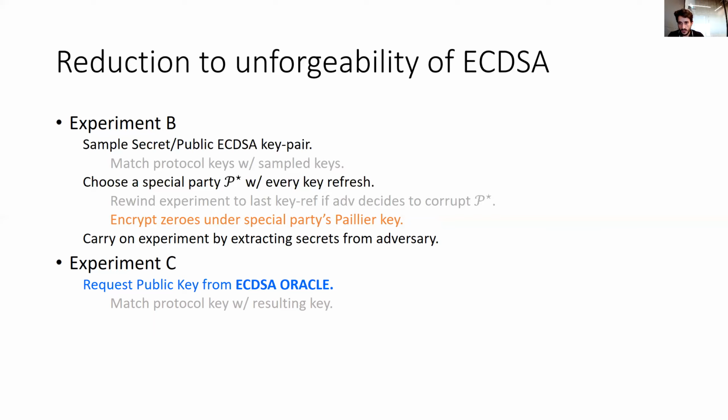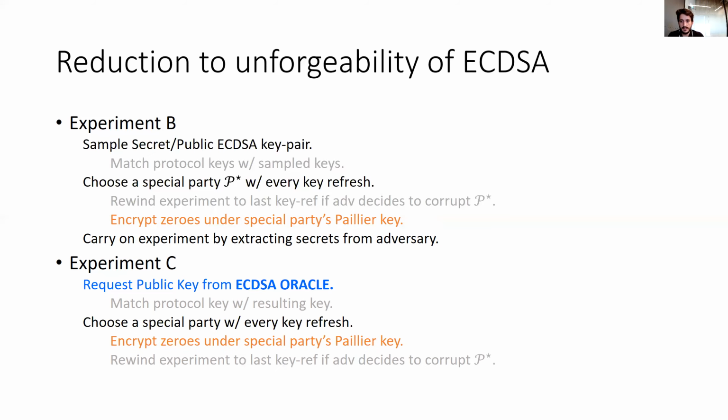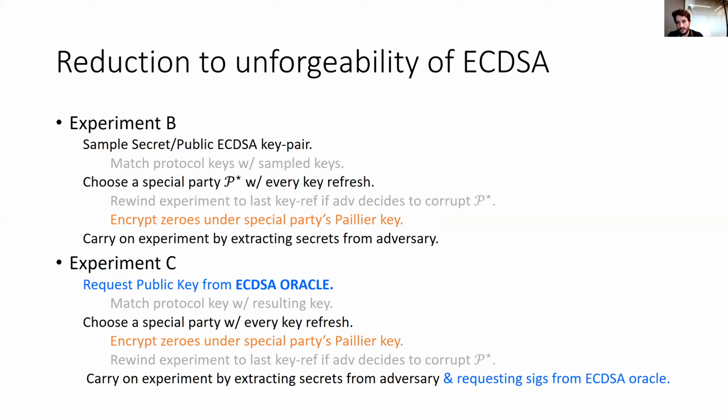So it doesn't know the corresponding secret key. Next, like in the previous experiments, the simulator chooses a special party and encrypts nonsense under its key. And for the simulation to be performed successfully, the simulator extracts the relevant secrets from the adversary, but also requests signatures from the ECDSA oracle.